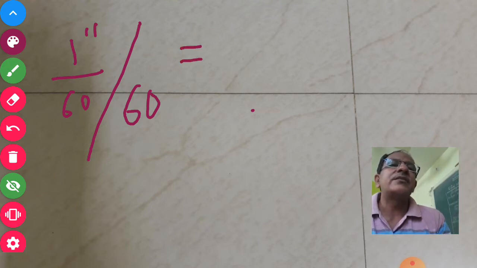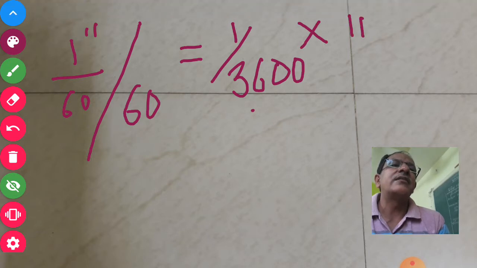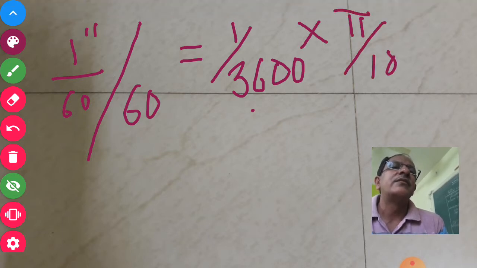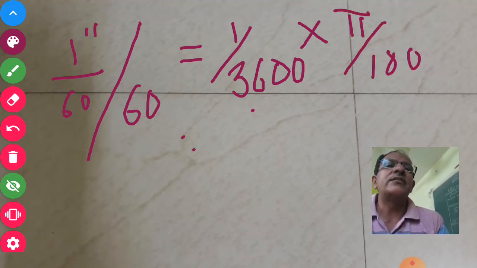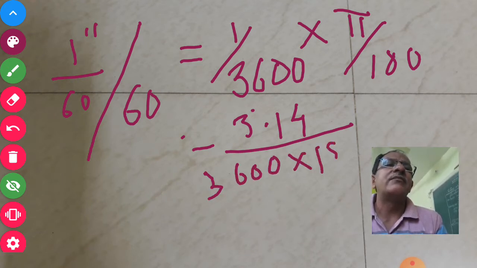So this, as yesterday we discussed, is 1 upon 3600, and you multiply this again by pi upon 180, that is pi is 3.14 divided by 3600 multiplied by 180.